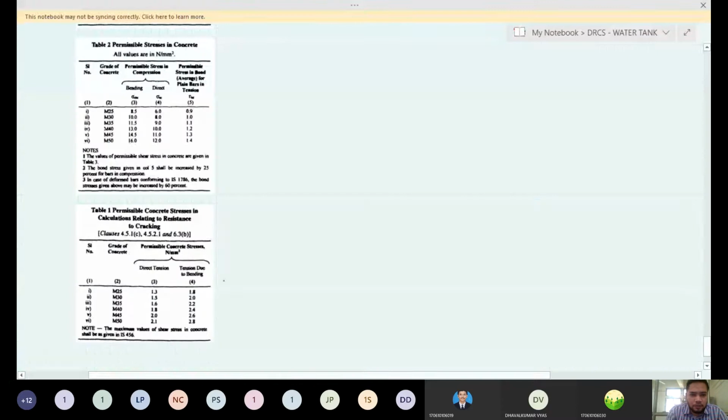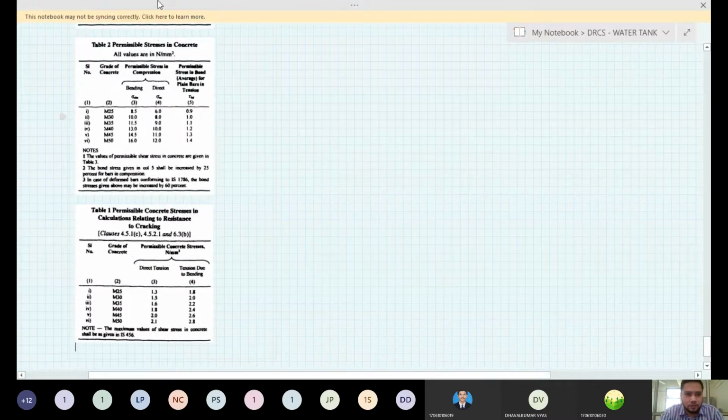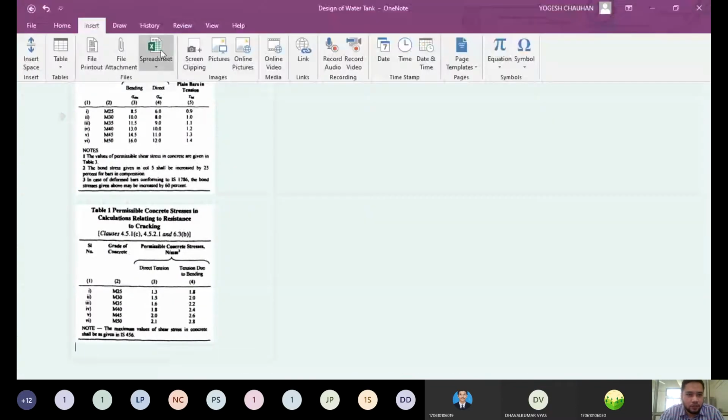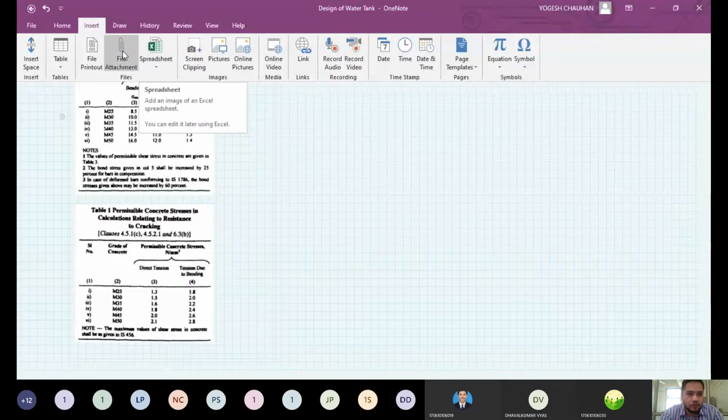These tables I am pasting here, so you can have a reference.